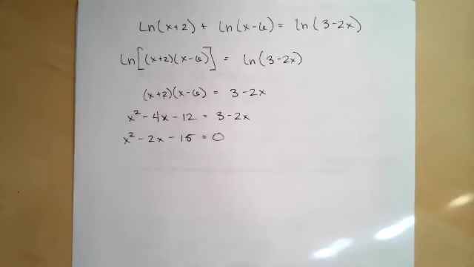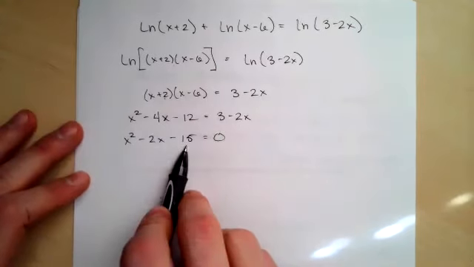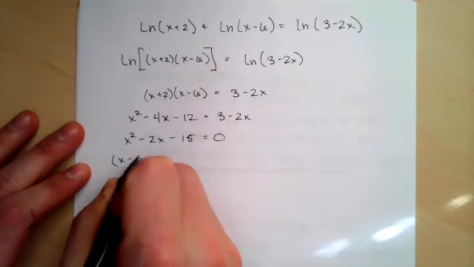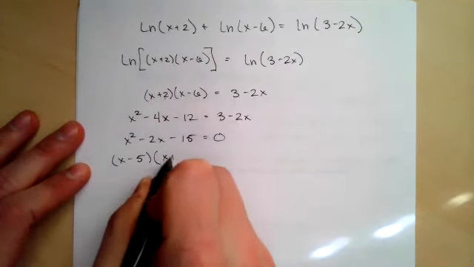You can use the quadratic formula if you want. You could use completing the square. But again, I almost never recommend completing the square, since the quadratic formula gets the exact same thing quicker. Or best method, look to factor. So we should have x minus 5 times x plus 3.